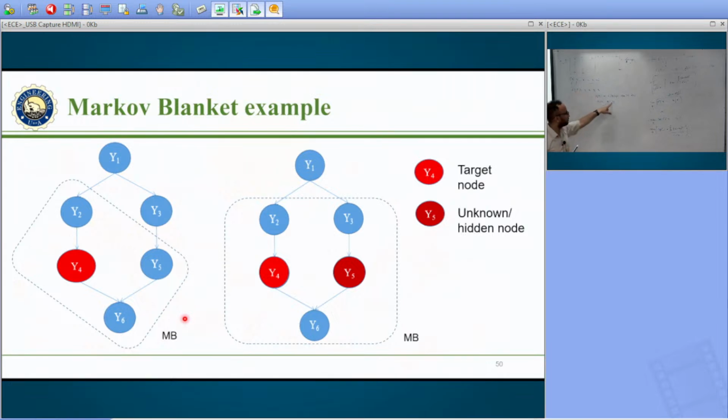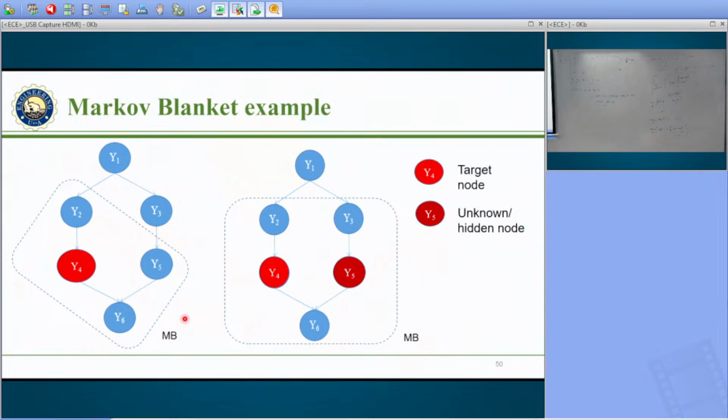I got to know that y1 is independent of all the variables. y6 and y3 are dependent, but they are conditionally dependent.